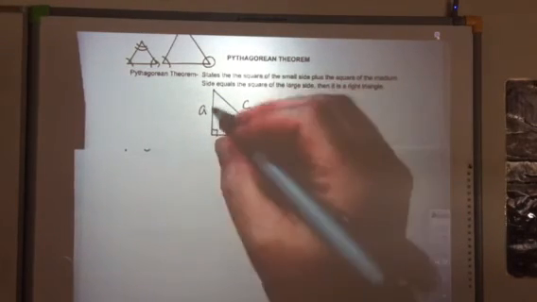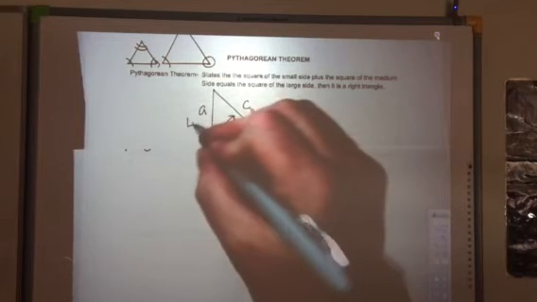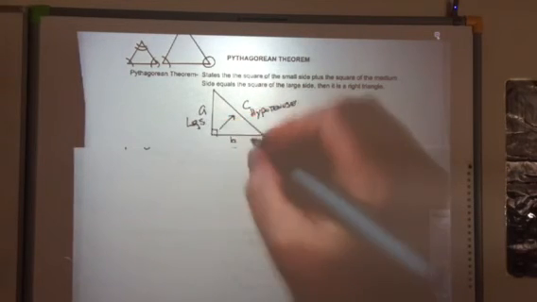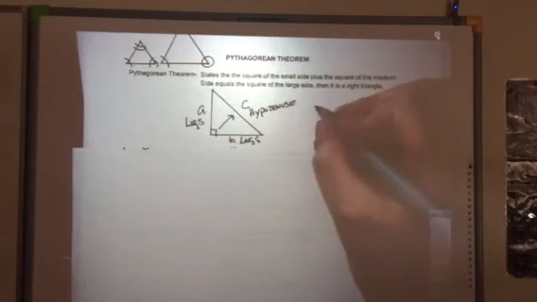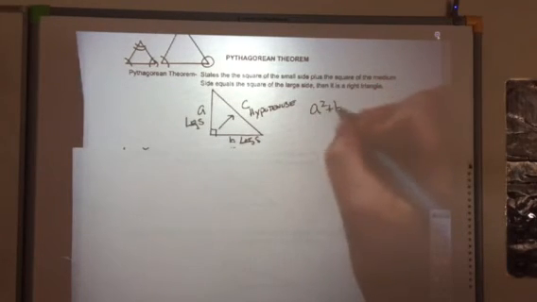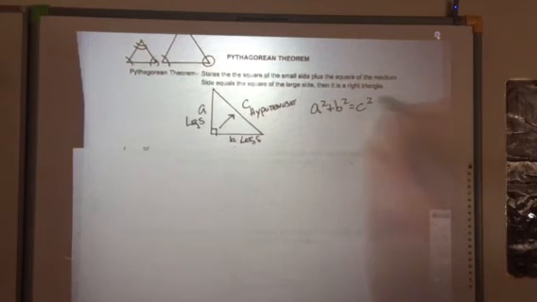The sides that make up the 90-degree angle are called legs. We always have to take the square root at the end, and we'll talk about that more as the chapter goes on.